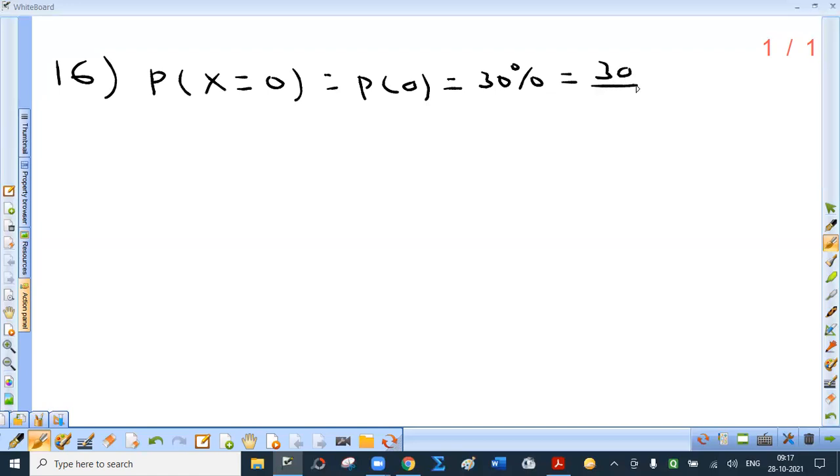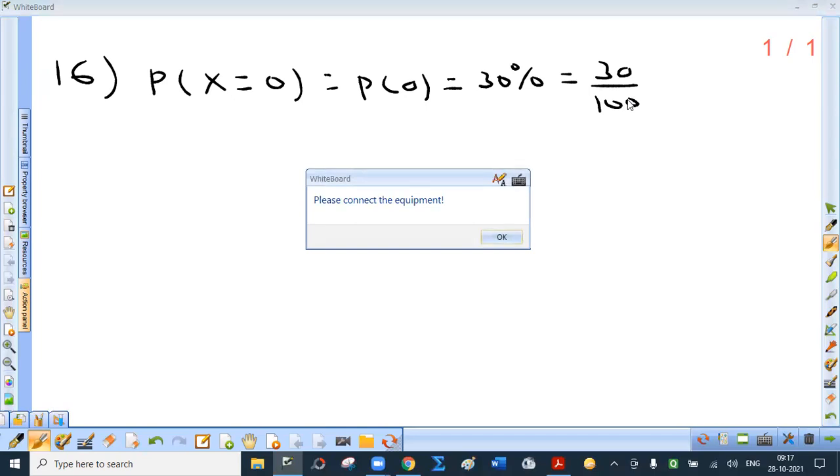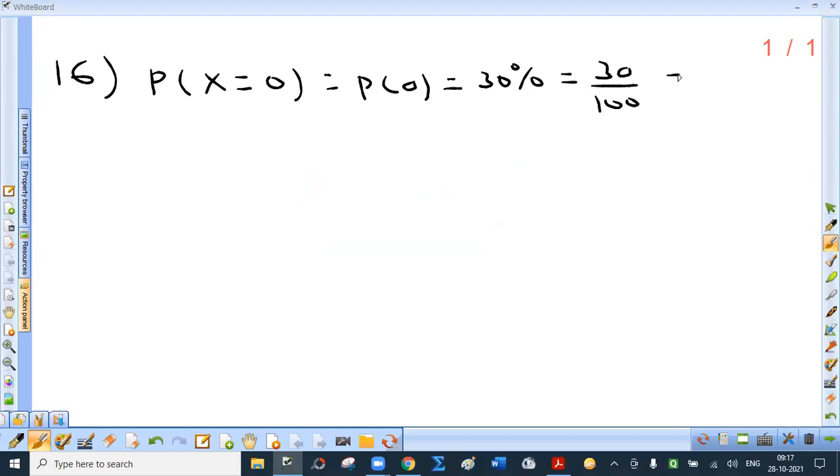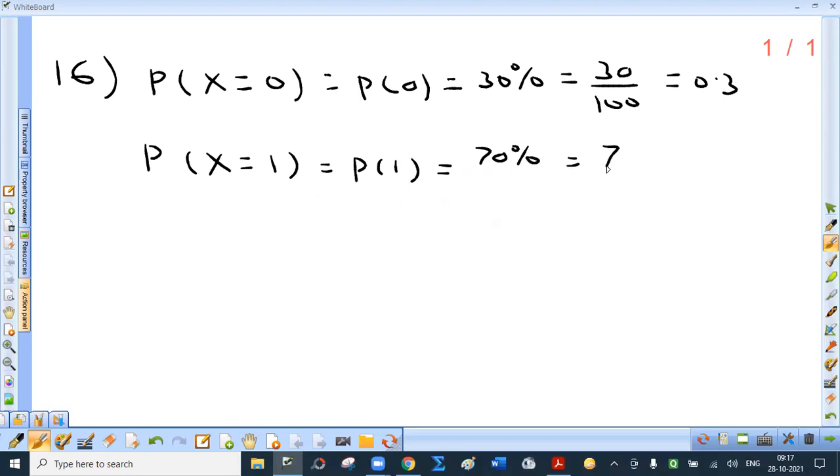So it is 30 upon 100, that is 0.3. What is P of x equal to 1? That is P of 1. Obviously 70%, that is 70 upon 100, which is nothing but 0.7.